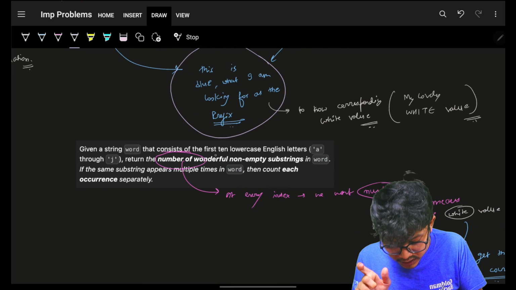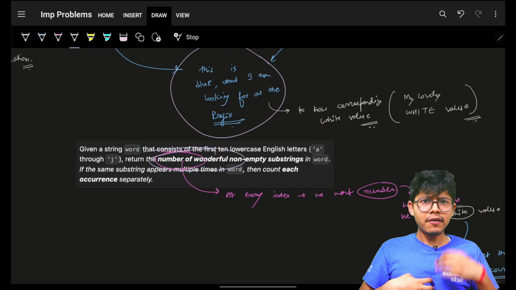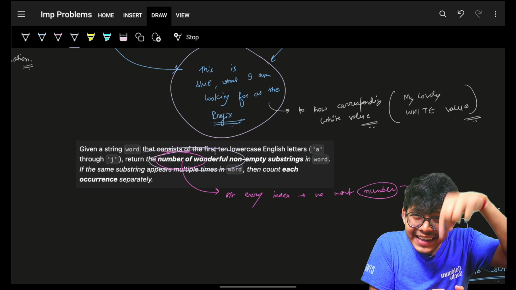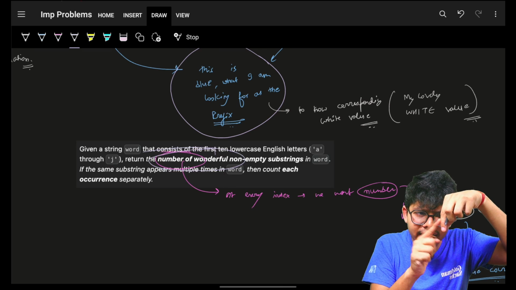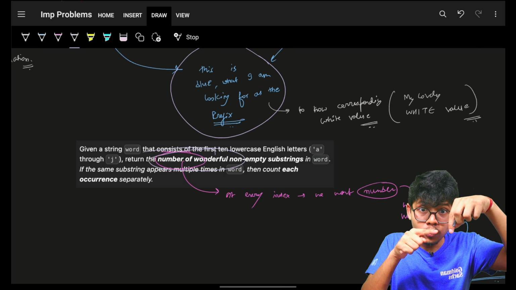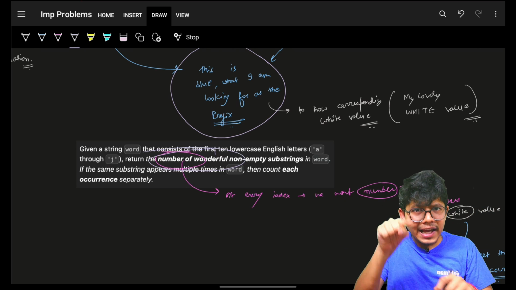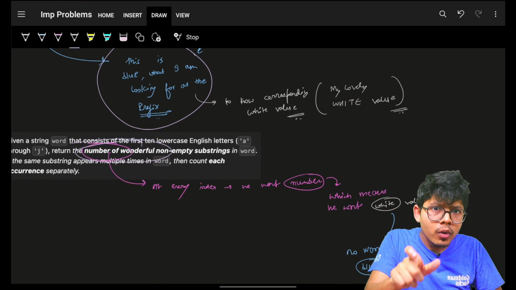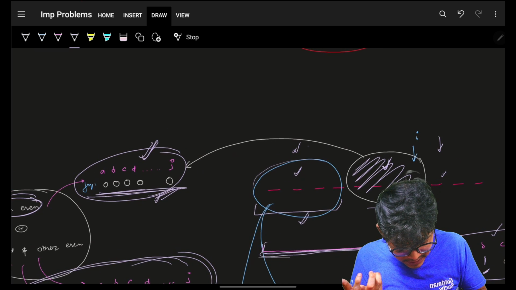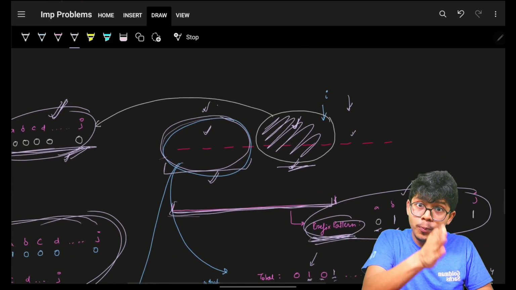But if you remember, I wanted the number of wonderful substrings, and I am now saying wonderful substrings ending at index I. So I want, at any index I, good substrings having the white pattern, and I know that for that I correspondingly got the blue pattern. So I will maintain the count of prefixes, because the prefix is starting, and that count I will maintain for the blue pattern.